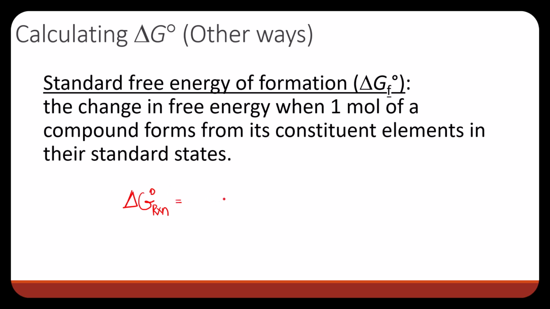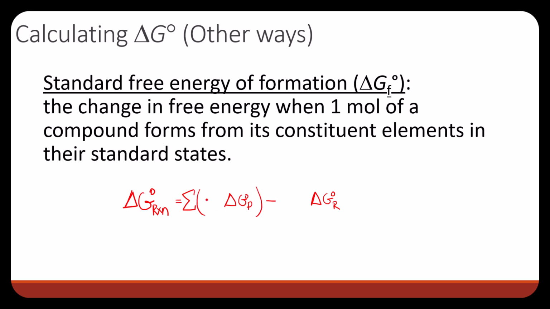And just like we looked at entropy, it's going to be the change in Gibbs free energy for the products minus the change in Gibbs free energy for the reactants. So final minus initial, or products minus reactants. And then we don't want to look at just one product, one reactant. We want to look at all of them. So there's going to be a summation piece to this.